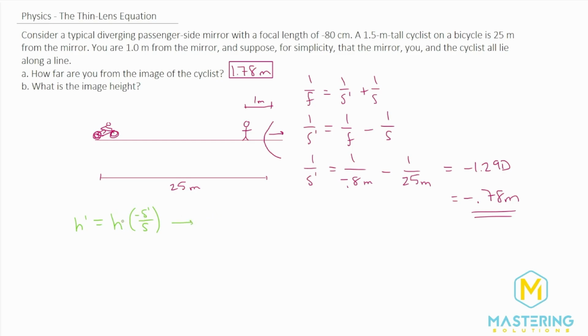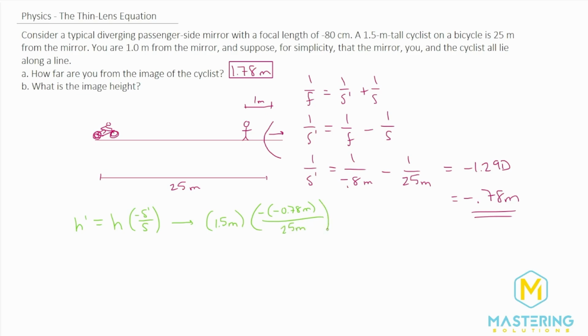And so the object height h is we have a 1.5 meter tall cyclist. We just found the image distance is negative 0.78 meters. So we have a negative for the equation and then a negative 0.78 meters for s prime. That all is divided by the object distance, which we said is 25 meters.